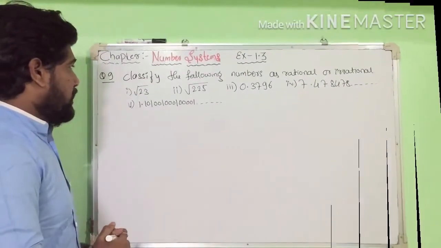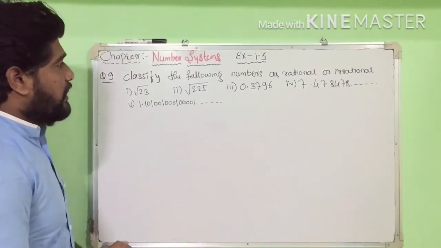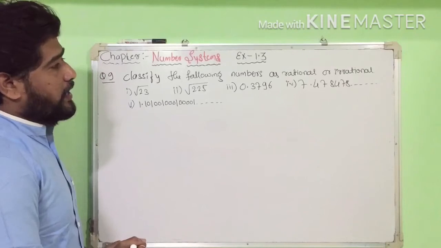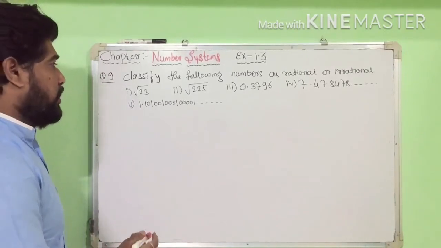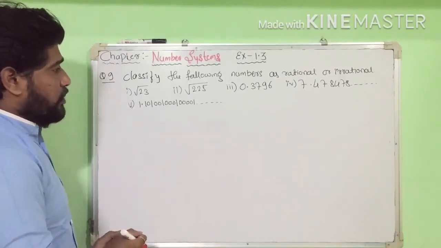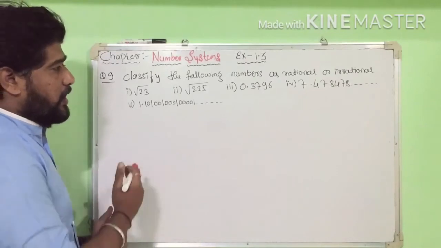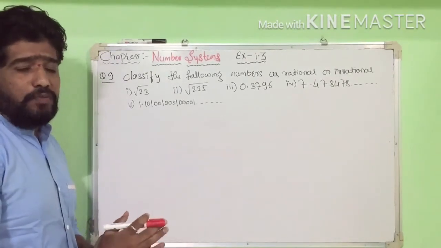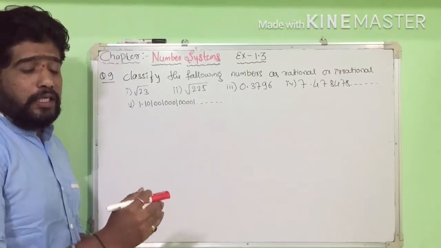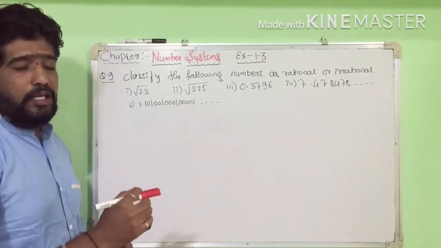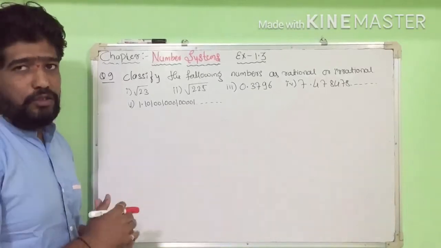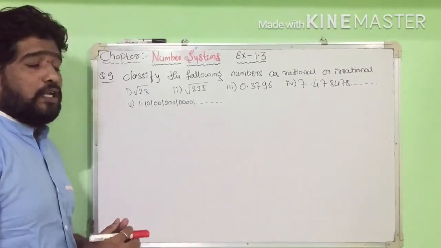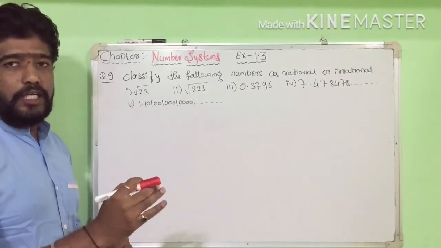Well students, the last question of this exercise: classify the following numbers as rational or irrational. Here they gave five examples, and we want to mention which one is rational and which one is irrational. Rational means terminating decimal, or non-terminating recurring decimal, and irrational means non-terminating and non-recurring only.